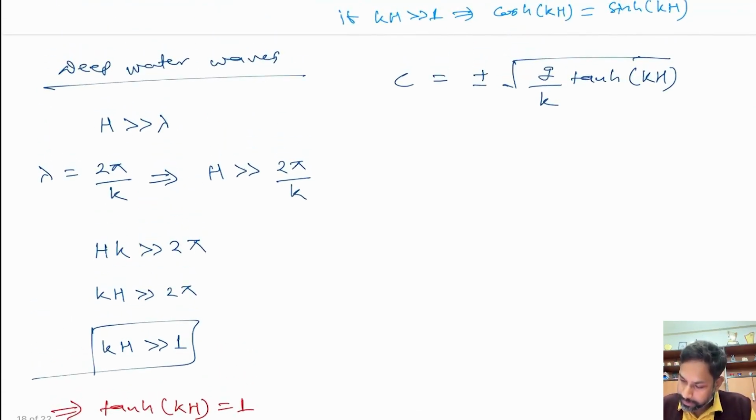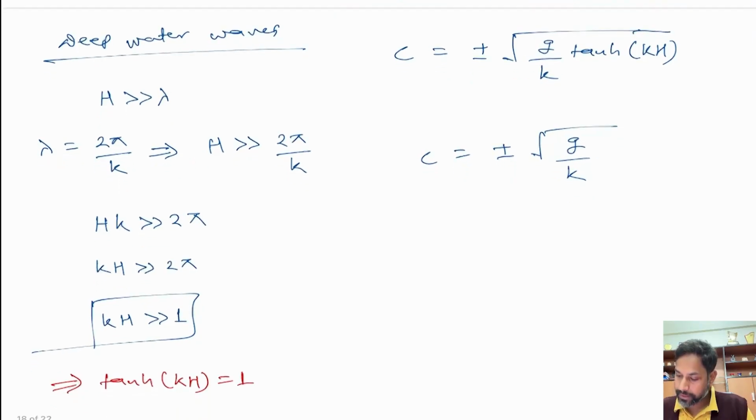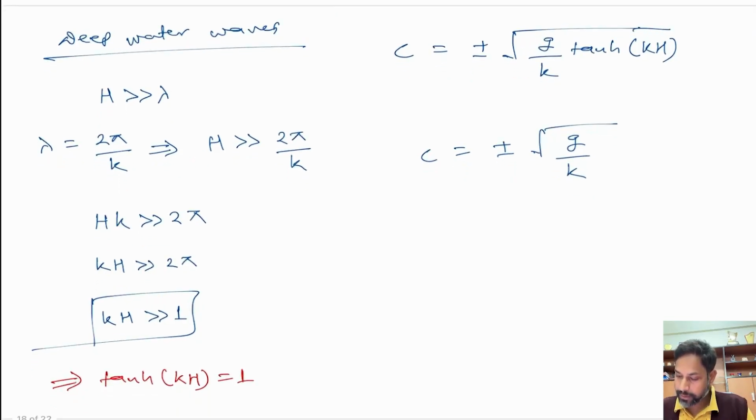That gives us the value for c equal to plus minus square root of g over k times 1, okay, which you can see is simply a function of wavelength or wave number, and not really of depth.